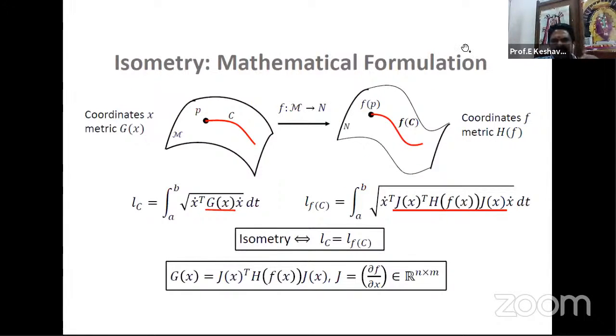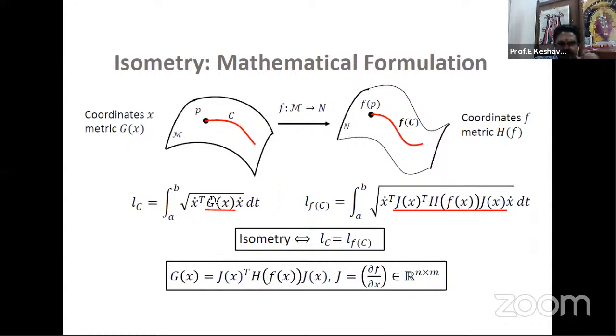Now, the mathematical formulation for the isometry. Suppose coordinates here p, and we say this is the manifold m, and this is a curve c, and f from m to n is a map. So when we go from here to here, watch here, this is m, this is n. This c we are going to say fc, and this point p is going to say fp, with the coordinate metric.